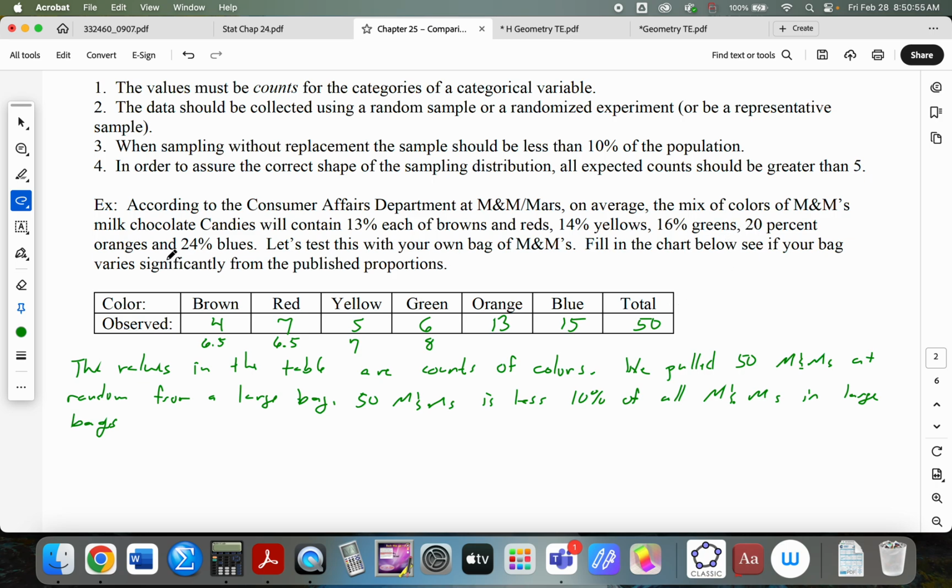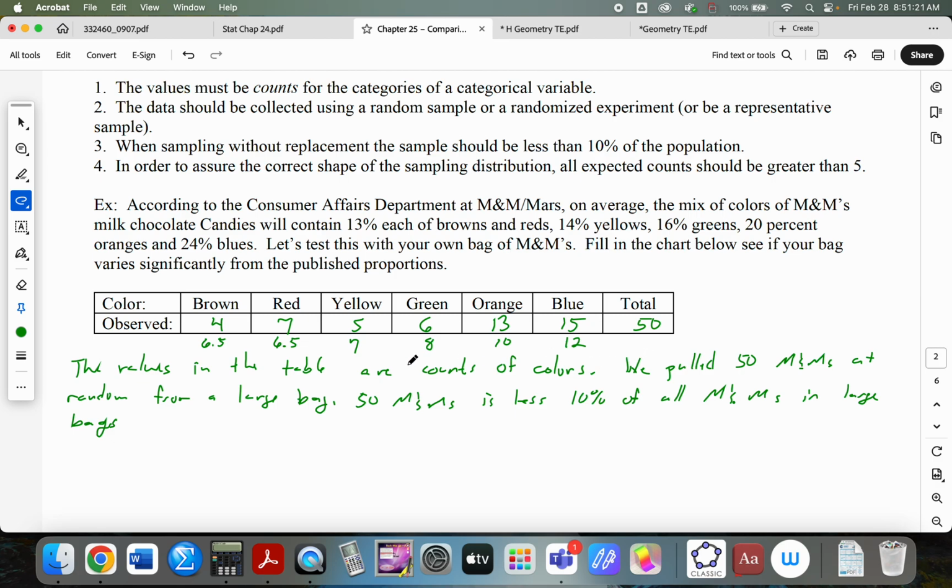20% oranges, so 20% of 50 is 10. And 24% blues, so 12 blues. Let me make sure that that adds up. 13, 20, 30, 40, 50. Okay.